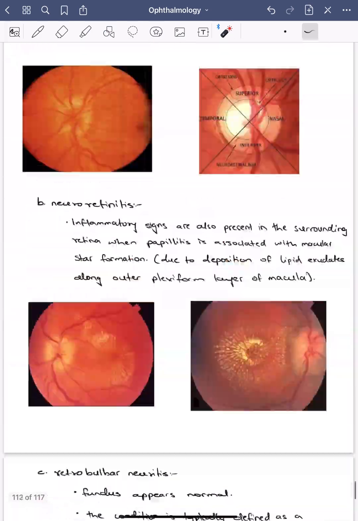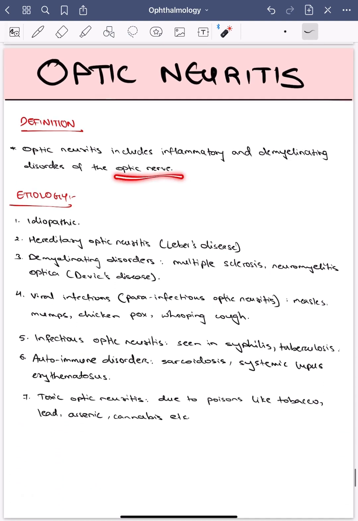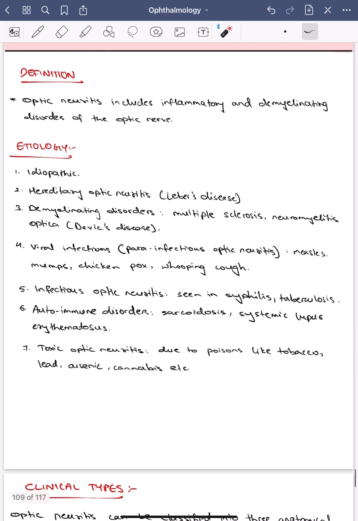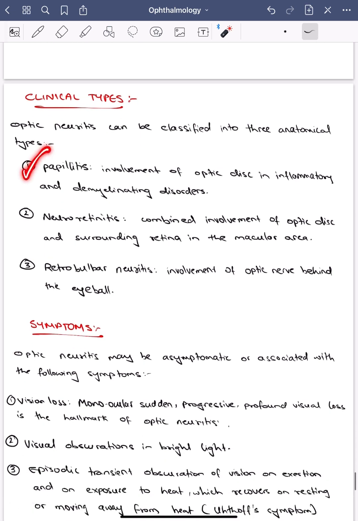We discussed optic neuritis. It is the inflammatory and demyelinating disorders of the optic nerve. Then we discussed the various etiology like hereditary optic neuritis associated with demyelinating disorders, infectious optic neuritis associated with autoimmune disorders, and toxic optic neuritis. Then we discussed the clinical types, that is papillitis involving the optic disc, neuroretinitis which involves the optic disc and the surrounding retina in the macular area, and the retrobulbar neuritis where there is involvement of the optic nerve behind the eyeball.